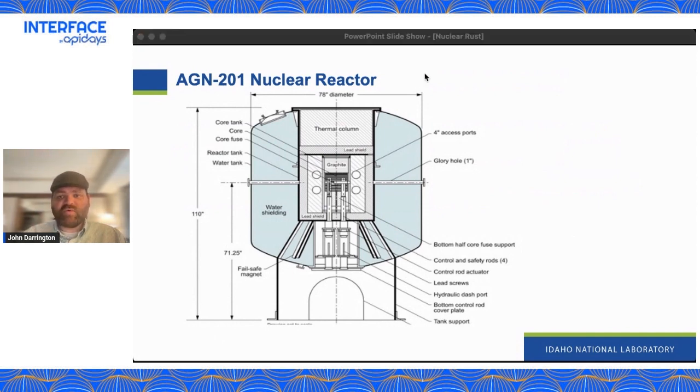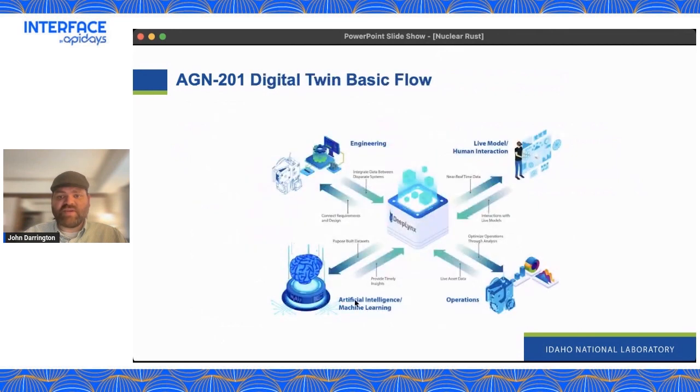So I wish I had more time to dive into DeepLinks and our tech behind it. But what I wanted to show was that it, along with various other pieces of our Rust power technology, works in harmony to provide a cohesive digital twin of the AGN-201.